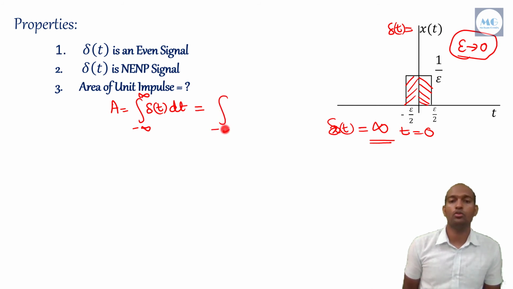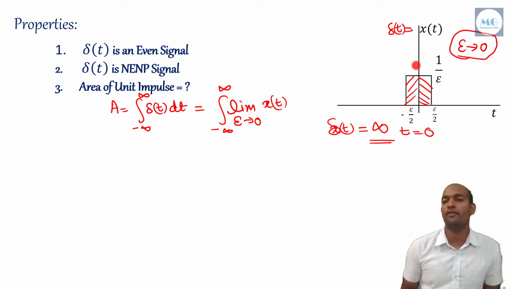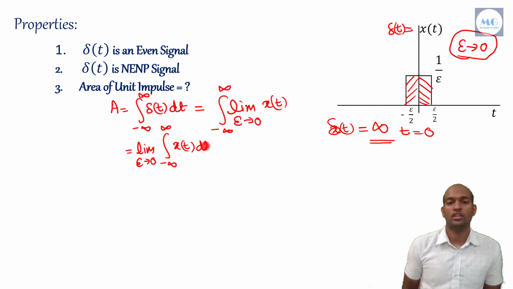This will be equal to the integral from minus infinity to infinity of, what is the value of delta t? Yes, limit epsilon tends to 0 of x(t), and we know what x(t) is. We can put this limit outside of the integration, so this will become limit epsilon tends to 0 of the integral from minus infinity to plus infinity of x(t) dt. I forgot to write dt here. Okay.